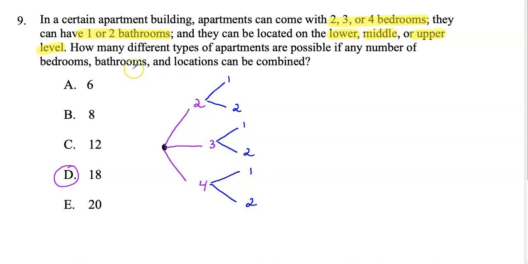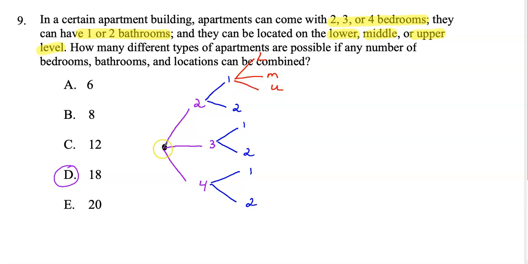Now I'm going to continue to branch out. The 2-bedroom apartment can come with 1 or 2 bathrooms, and it can also be located on the lower, middle, or upper level.